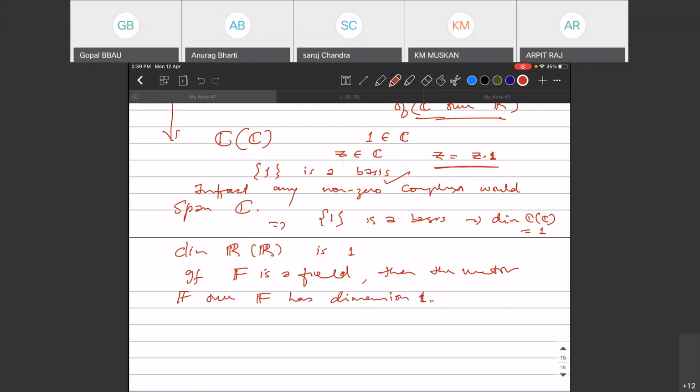Okay, this is true for each vector space F over the field F. You know every field is a vector space over itself, correct? As R is a vector space over R, C is a vector space over C. Similarly, any field is a vector space over itself, and its dimension is 1.